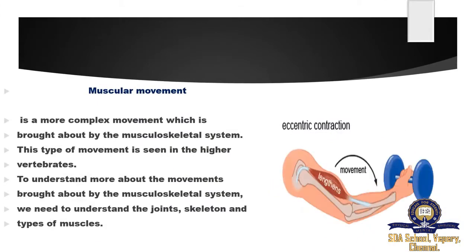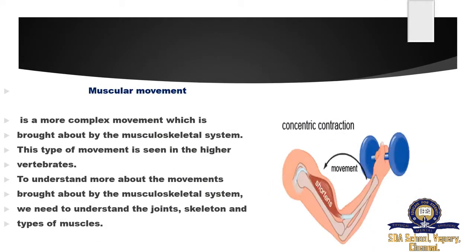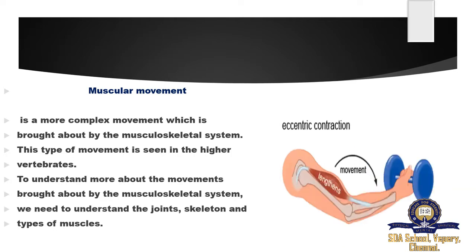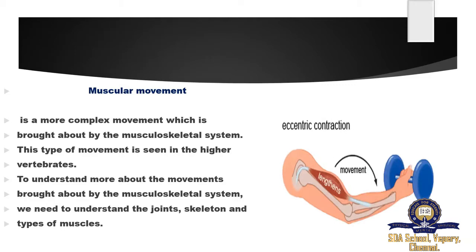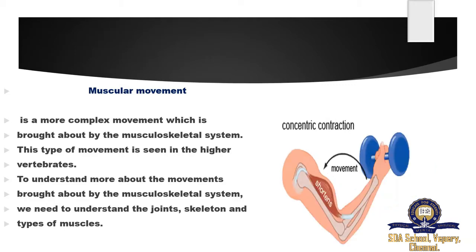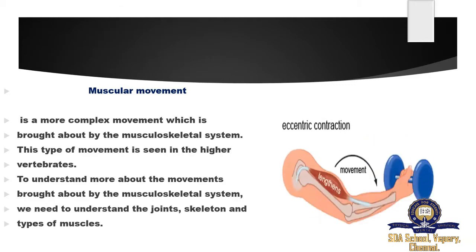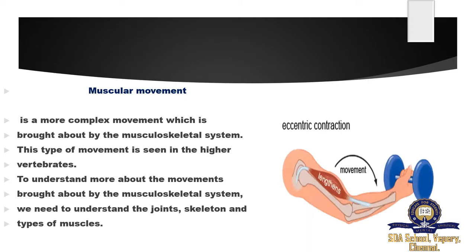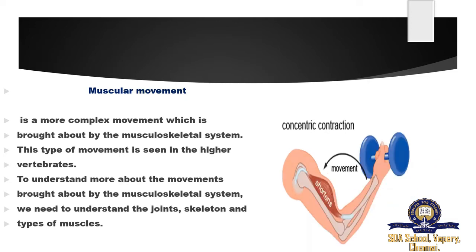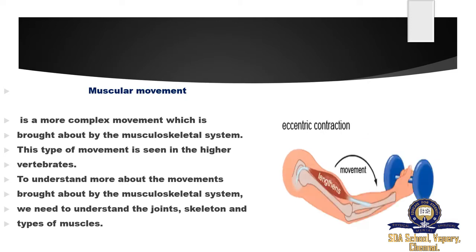Muscular movement is a more complex movement which is brought about by the musculoskeletal system. So the animal must have a skeletal system as well as a muscular system, and only then is this movement possible. It is found only in higher vertebrates. Vertebrates, you know, are animals that have a backbone. To understand this, we have to study the skeletal system as well as joints and muscles in our body.